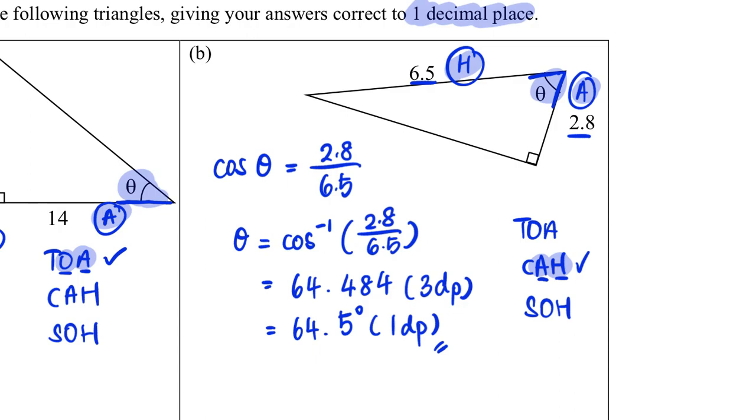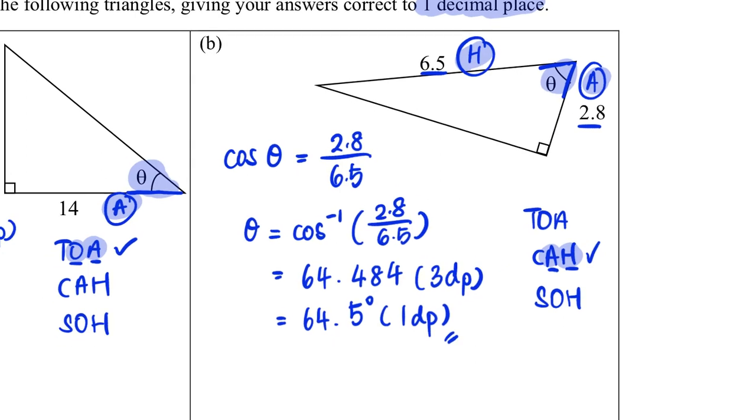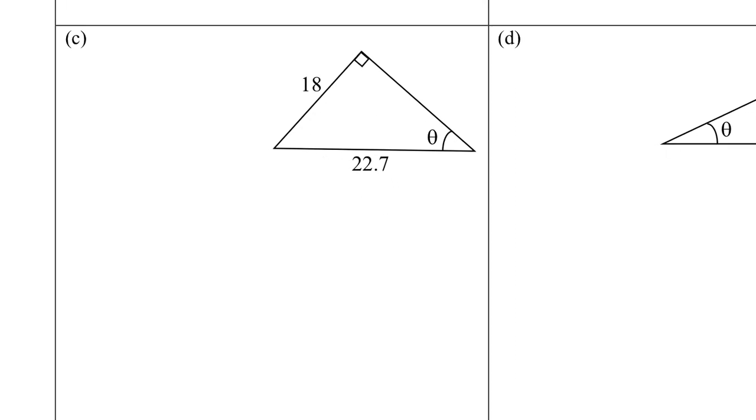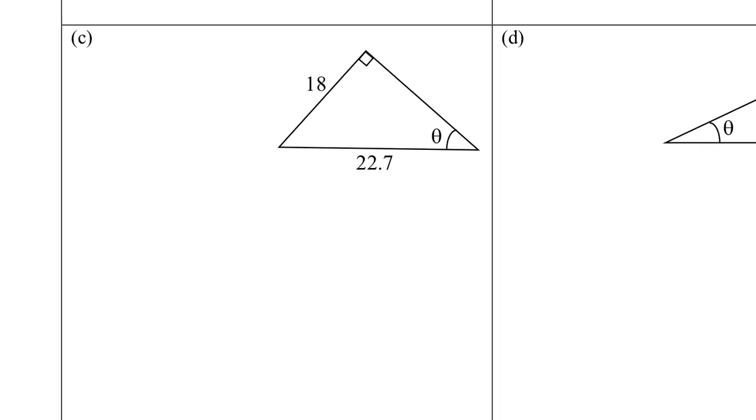So are you guys getting the hang of it? Because if you do, this is what I suggest. Before you continue watching the video, do pause the video for the next example, or the next 2 examples. So I will have my Toa Cah Soh.